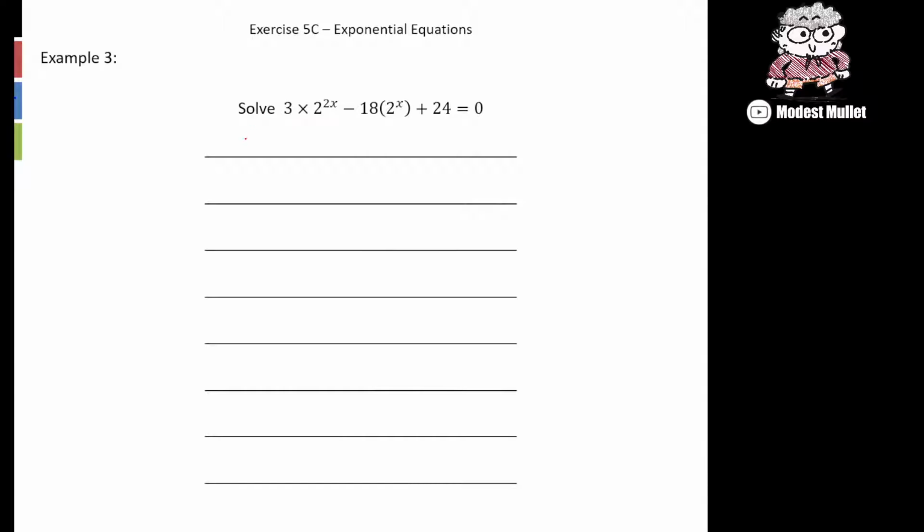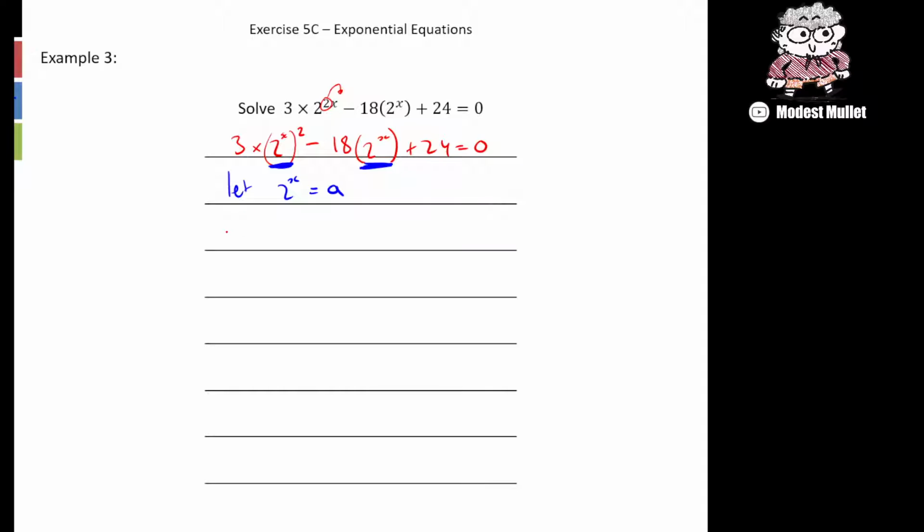So I'm going to first rewrite this as 3 by 2 to the power of 2x, and then bring that 2 up to the top, so it's much more obvious that it's a square. Minus 18, 2 to the power of x plus 24 is equal to 0. Okay, now I can do my trick: whatever this exponent in here is, I can let that equal a.